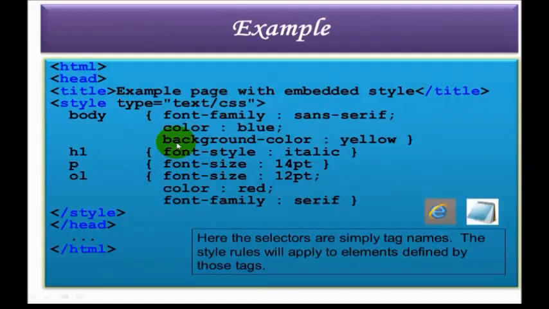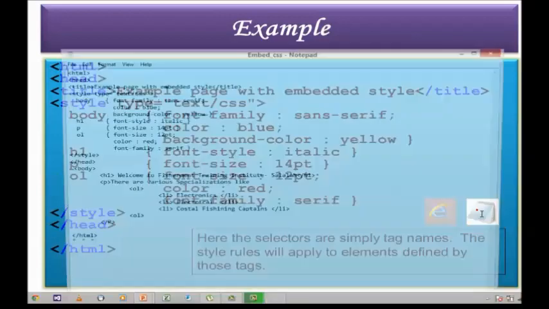So here is an example. Where we can see HTML, head and title: example page with embedded styles. We are going to define the styles within the head section. We are going to define for body, font family, color, and for H1, paragraph and ordered list. So here is the example.